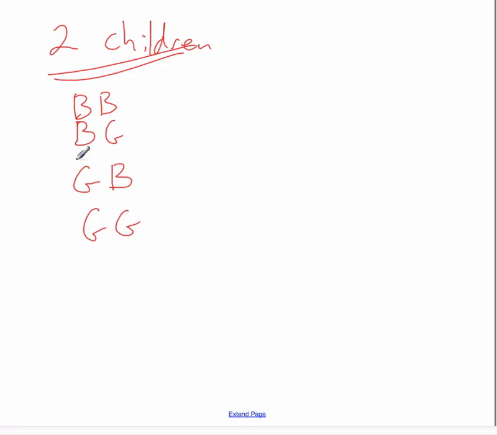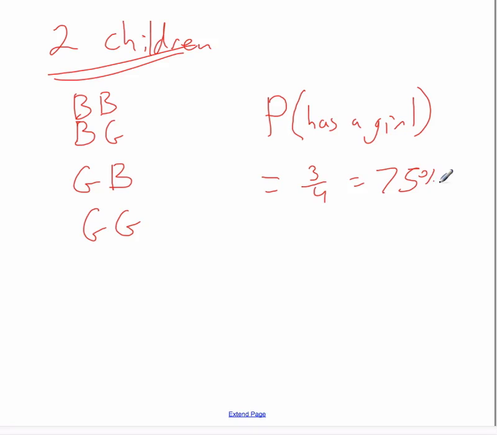So there's 4 different possible outcomes, so your probabilities are going to be out of 4. So the probability that, let's say, the mom has a girl. You know that a mom has 2 children, what's the probability she has a girl? Well, there's 3 outcomes here with a girl, right? So that's going to be equal to 3/4 or 75%.